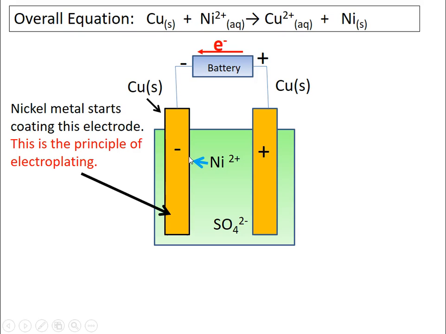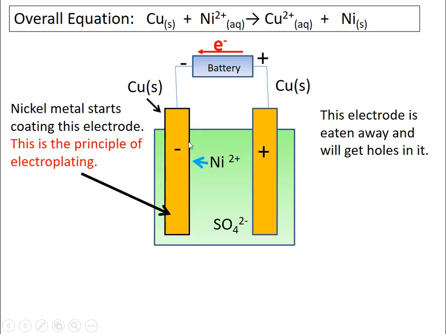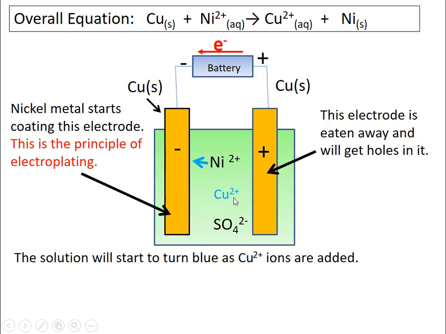So nickel metal will be coated all over this electrode. And this electrode, the copper metal, is losing its electrons, becoming copper ions. So this solution will start to go blue. Copper ions in solution make the solution blue, so as you're adding copper ions, it'll start to turn blue, and this electrode will start to get holes in it.